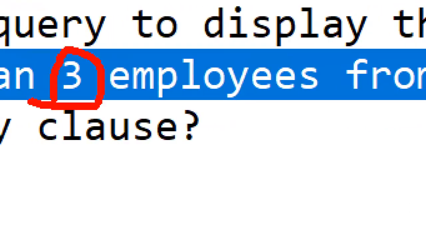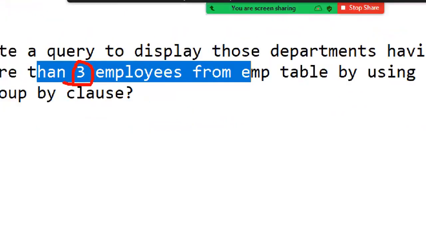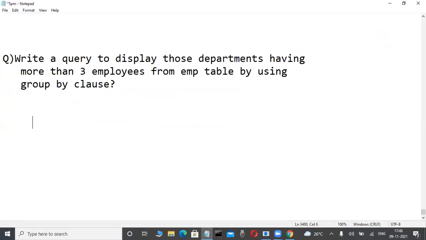They are giving a hint, group by clause. Whenever a group by clause is there, 95% of the reports are group function reports. That's why first you have to check which group function is suitable. They are giving only the number of employees, so the suitable function is count star. Very important. That is your imagination. Here so many tables are there, so it's better to read two or three times.